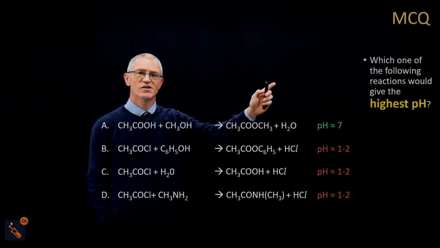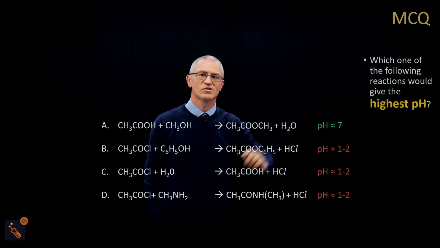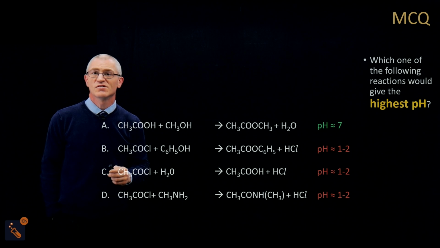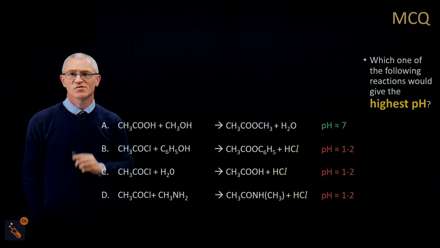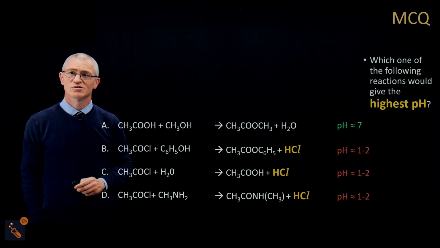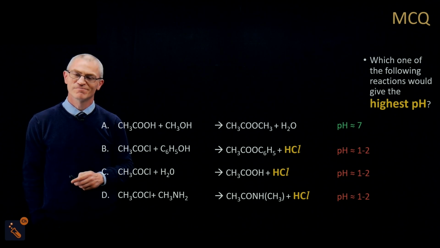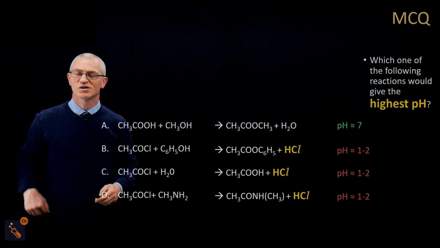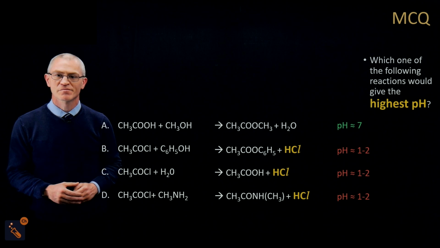The question says which of the following reactions would give the highest pH? Well, the highest pH that would be given is pH 7 because all of the other reactions create HCl and give that lower pH. Now these questions are really, really common. Because they're really common, I really recommend that you know all of these reactions, research them, and make sure you commit them to memory.